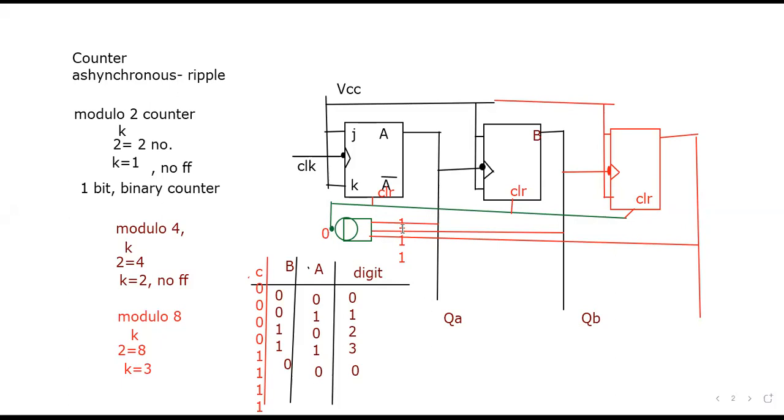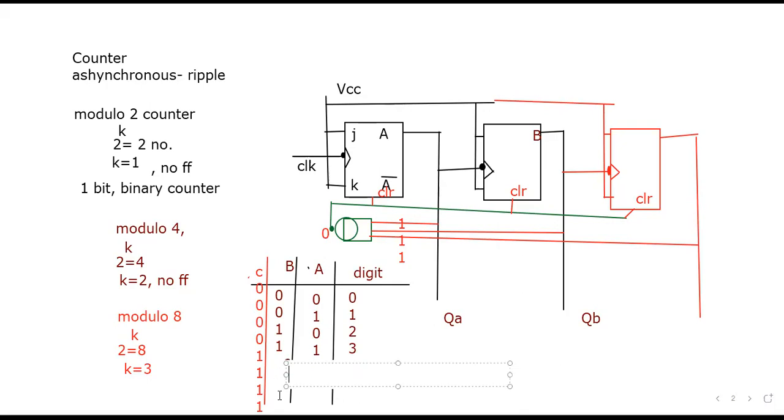So whenever there are 000, here it would be 0011.